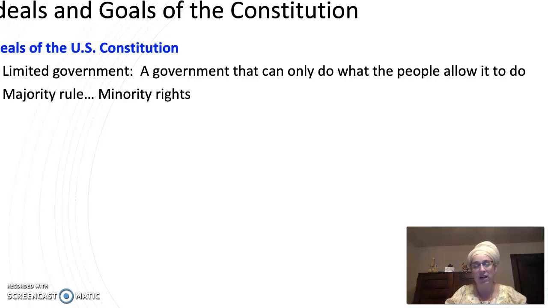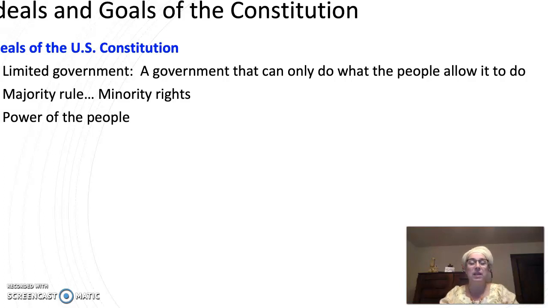So even if you're not in the majority at the time, that doesn't mean we're not going to listen to you. You have every right to speak and present yourself. And then our Constitution believes that power is in the people, and that this is a way to give power to the government and keep power in the hands of the ruled.